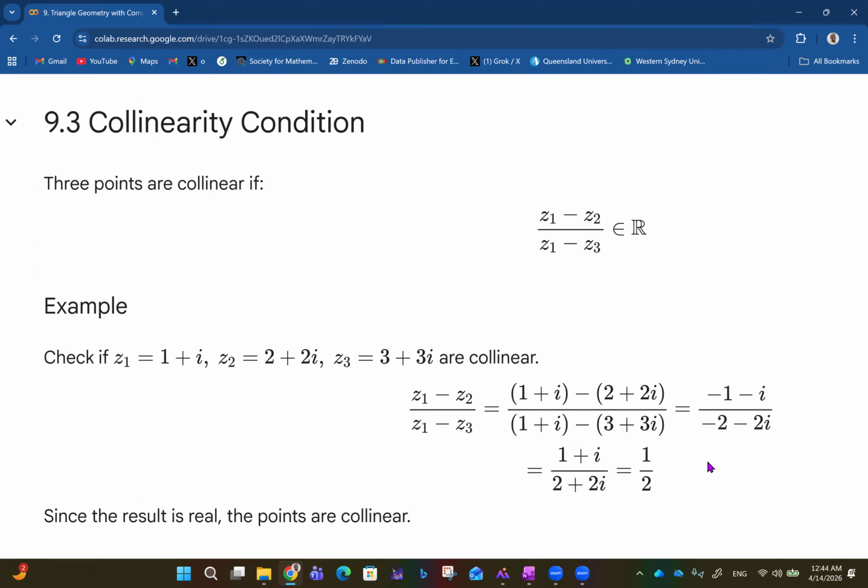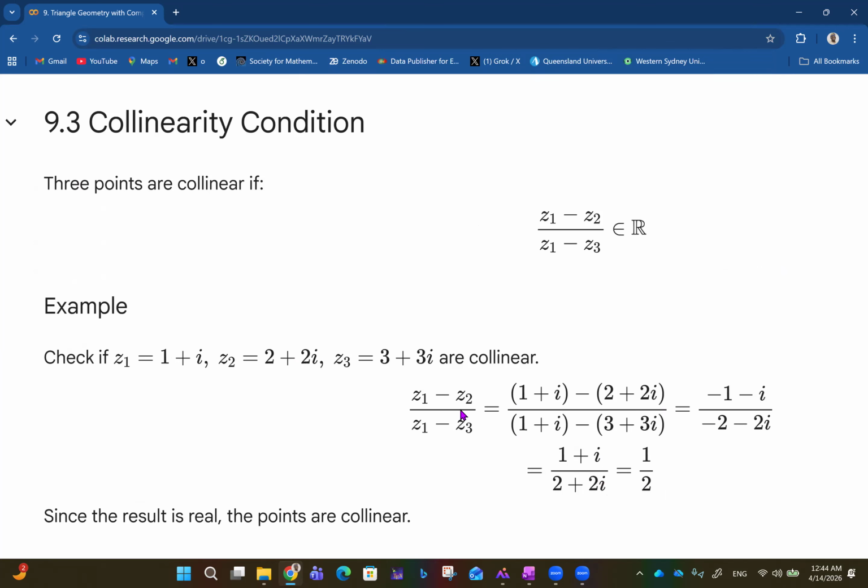If you factor out minus 1, you have (1 + i) over (2 + 2i), and that's basically 1 over 2. Since the result is real, you can see these points are collinear. So they cannot form a triangle because they are just lined up like that.